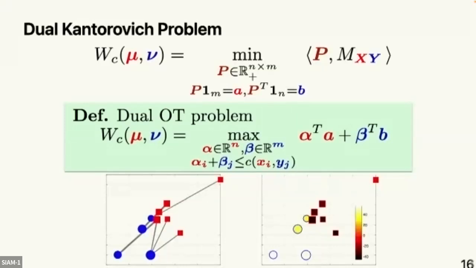So what is the conglomerate going to do? It's going to say, well, okay, you gave me this set of prices, alpha_i and beta_j. So let me just do something. For instance, if I look at bakery number 1 and restaurant number 3, you're charging me alpha_1 plus beta_3 right now to pick up a loaf of bread in bakery 1 and deliver it to restaurant 3.